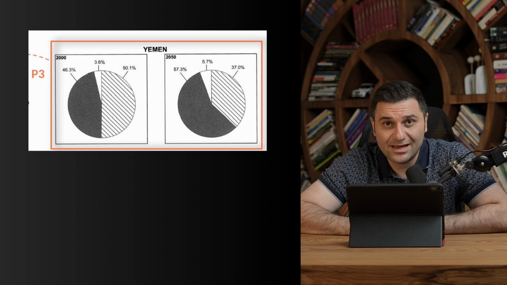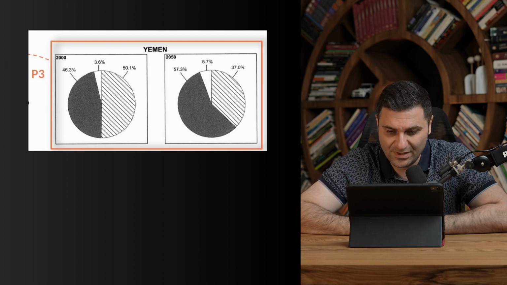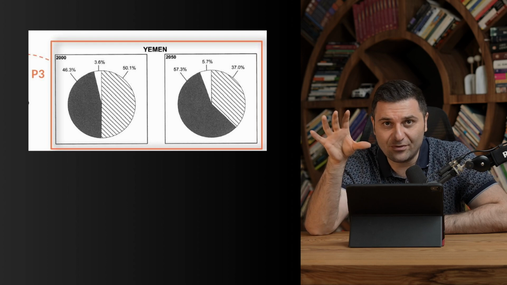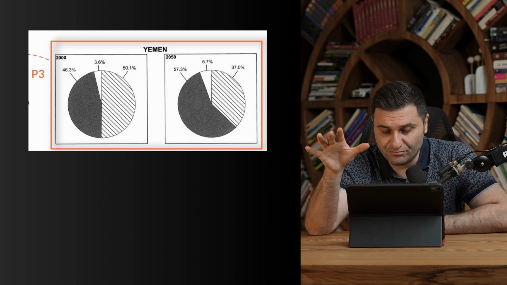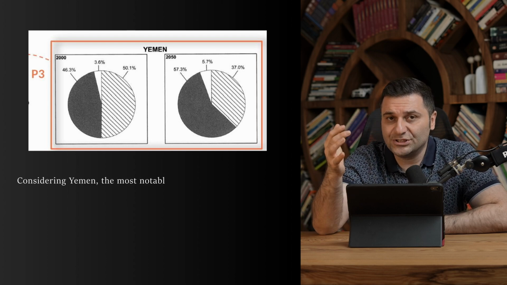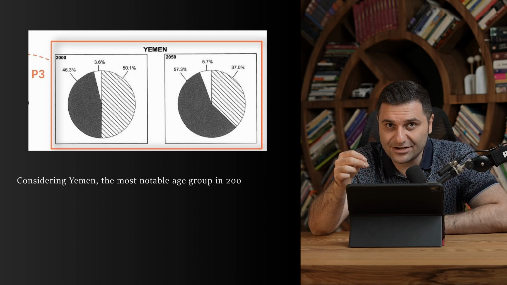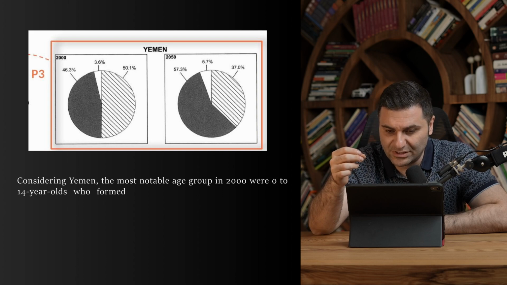That was about half, right? 50.1%. So we talk about this huge amount of, let's say, age group.